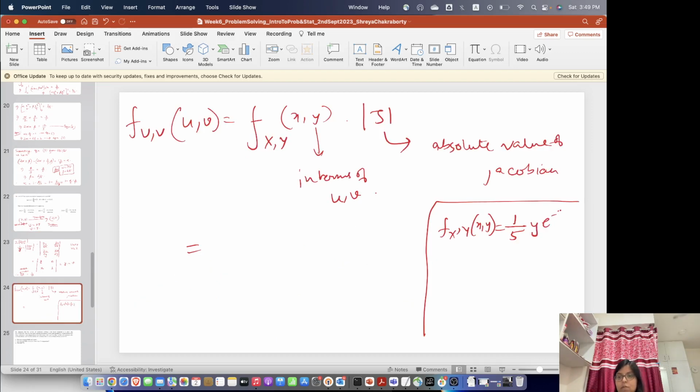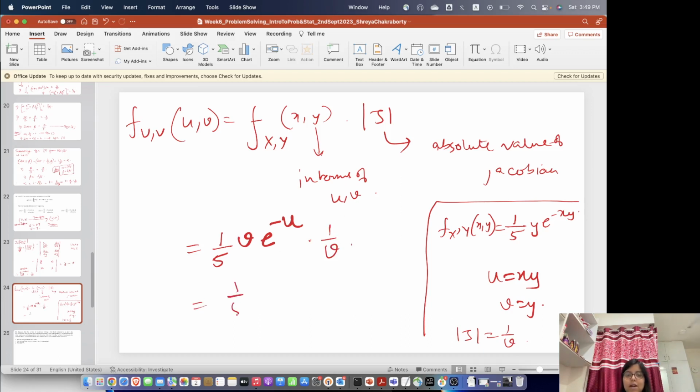We'll write this in terms of u equals xy, v equals y. So this will be 1 by 5, instead of y we'll write v, e to the power minus u, into the Jacobian, which was 1 by v.